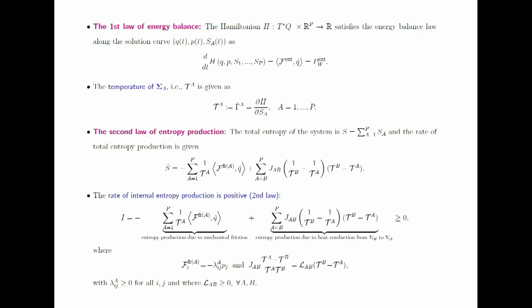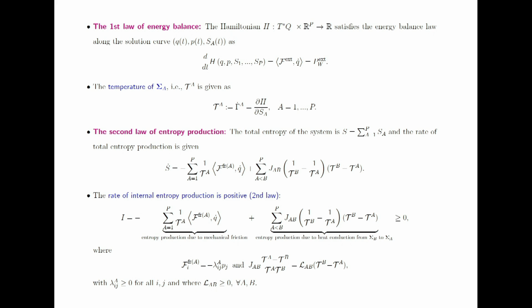You see, so 1 over T times the power due to the mechanical friction divided by temperature, and also the power due to the heat conduction divided by T is this.